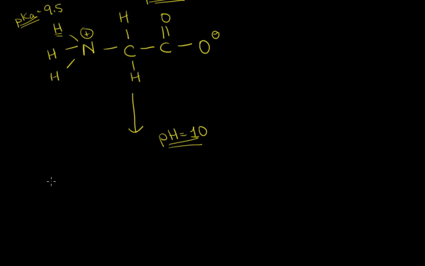So this N had a positive charge before because it had an extra bond. Now it loses the positive charge when the proton leaves. So now it has a neutral charge. And nothing else changes. This stays deprotonated because its pH is greater than its pKa. Okay, so that's what's going on with the pHs and pKa's.